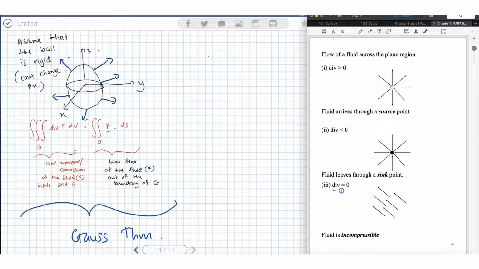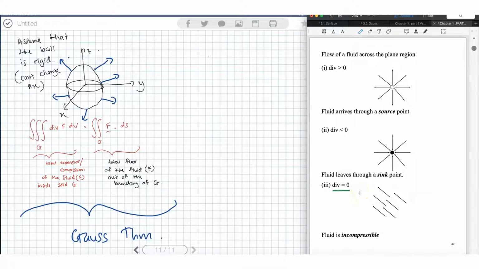And if the divergence is 0, then your flux, I mean your total expansion or compression, is 0, since the integrand is 0. So if your given vector field is incompressible, then the divergence is of course 0, right?